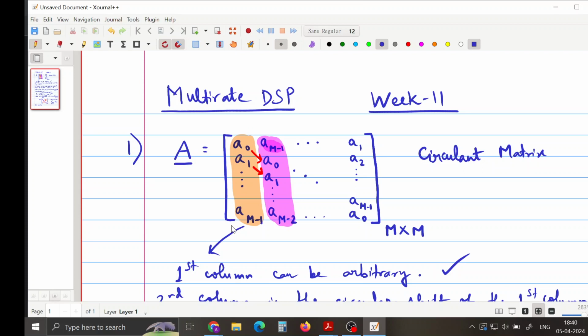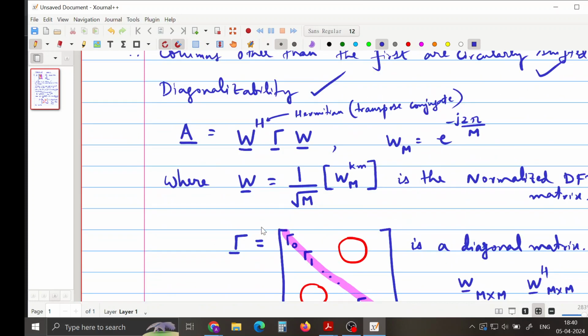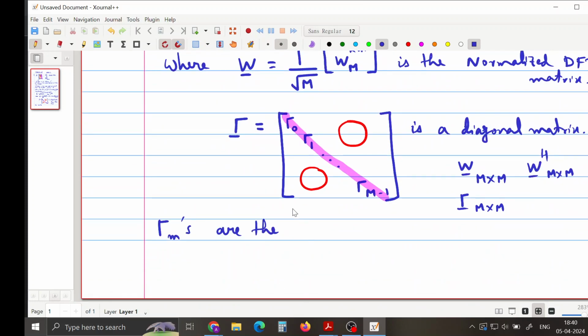So using those elements, you're taking the DFT of that first column to obtain these gamma naught, gamma 1, and so on till gamma m minus 1. So these are the DFT of the first column of the circulant matrix A.